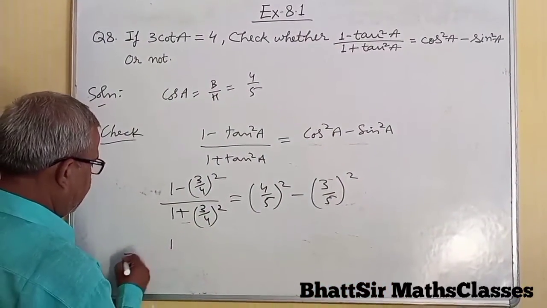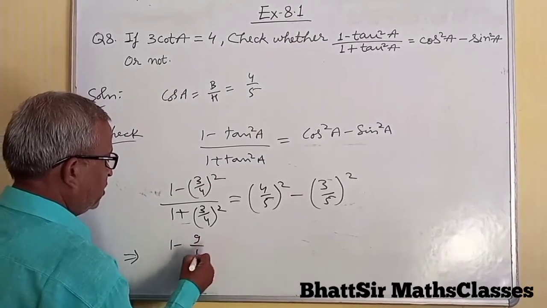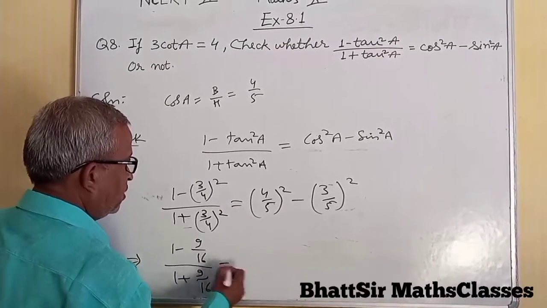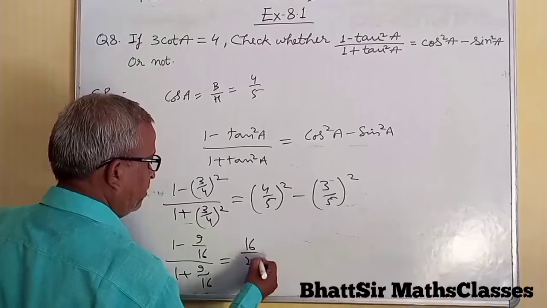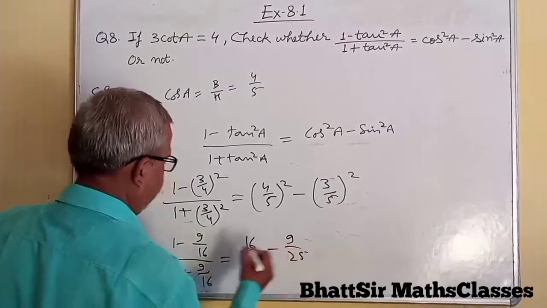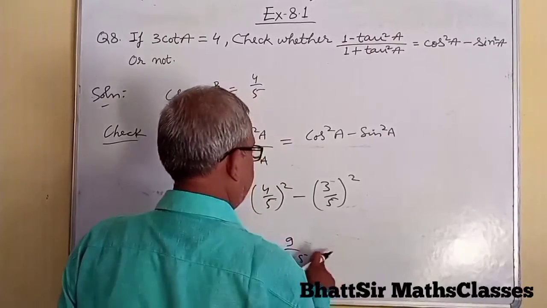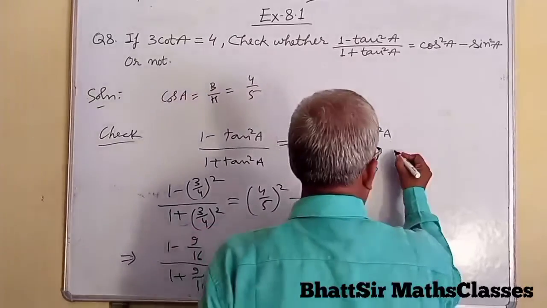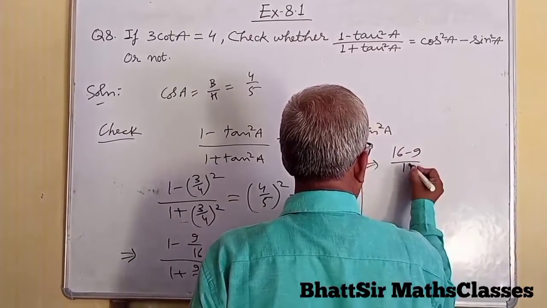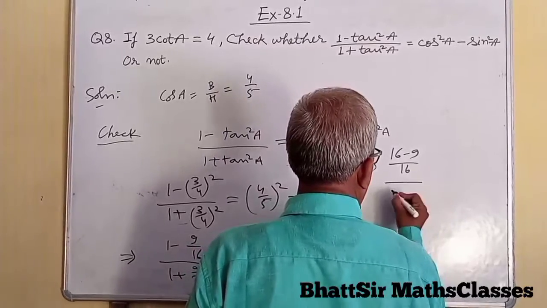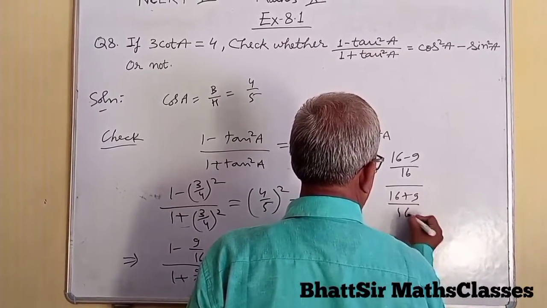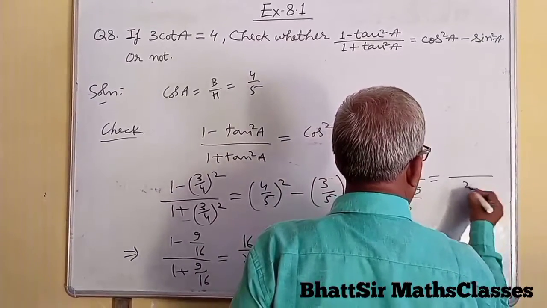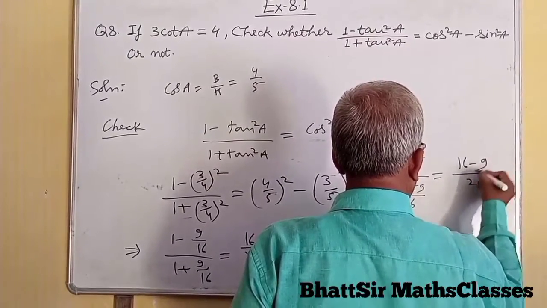Implies that 1 minus 9 upon 16 over 1 plus 9 upon 16 equal to 16 upon 25 minus 9 upon 25. Implies that 16 minus 9 upon 16 over 16 plus 9 upon 16 equal to 16 minus 9 upon 25.